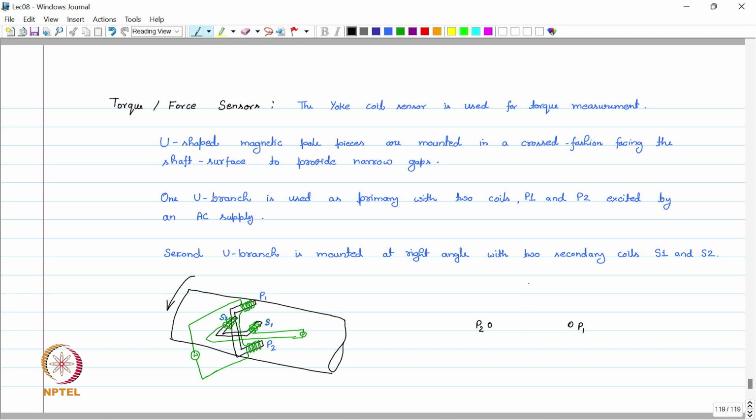When we don't apply any torque to the shaft, there is a uniform field distribution generated by P1 and P2. And here we have our secondaries placed here and here, perpendicular to P1 and P2.